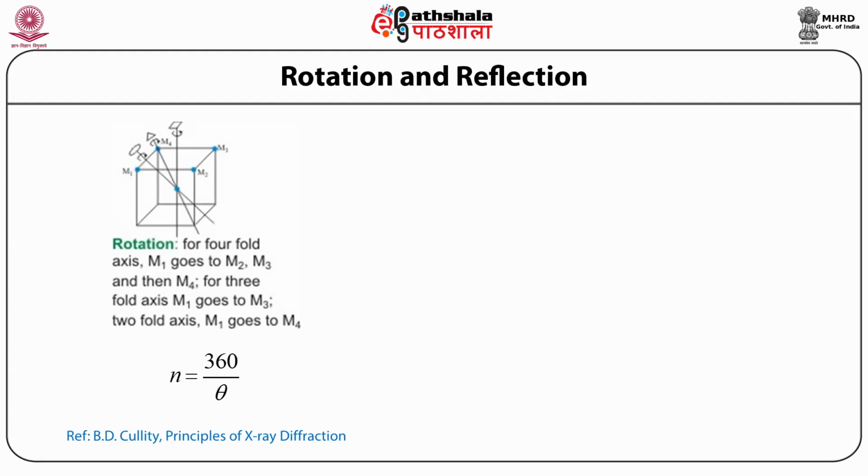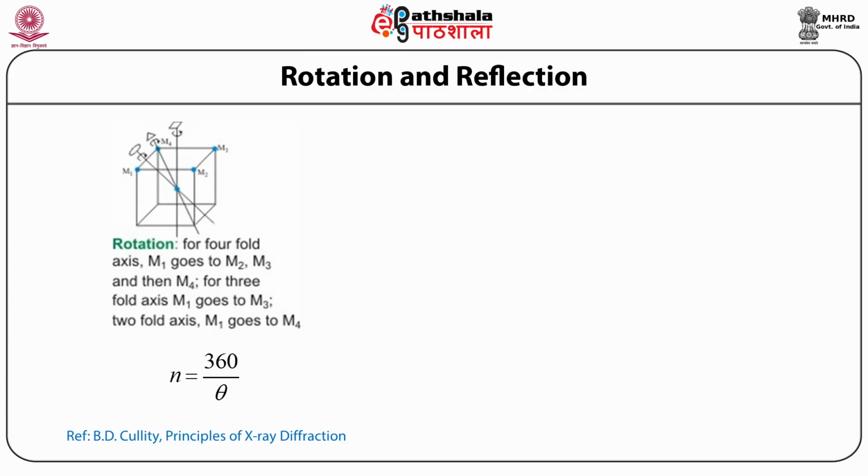This kind of symmetry is about an axis. When a lattice is rotated about this axis by an angle 360 degrees by n, some arrangement of lattice points is reproduced. This axis is called an n-fold rotation axis.